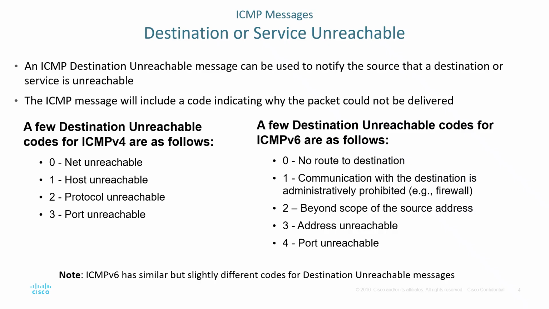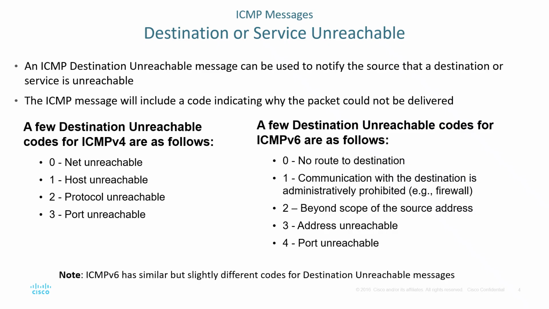So a few destination unreachable codes for ICMPv4 are 0 for net unreachable, which means the network itself, a 1 for host unreachable, meaning the destination host could not be reached, a 2 for protocol unreachable, which means the protocol is not functioning or it is unreachable. And the number 3 is port unreachable, meaning the port that you're trying to access is not open.